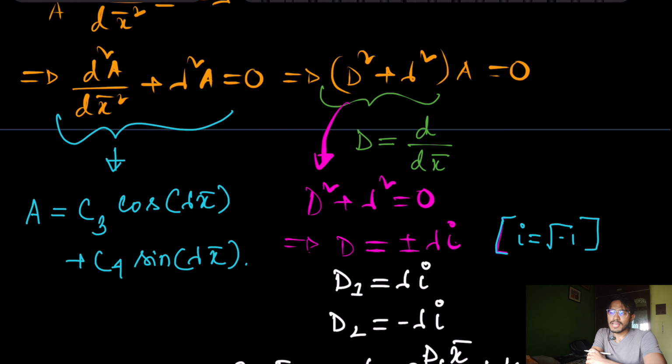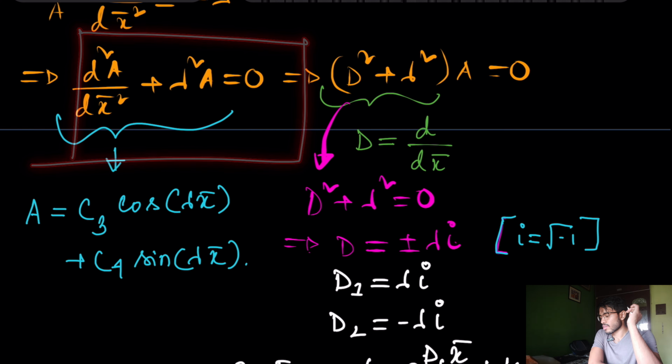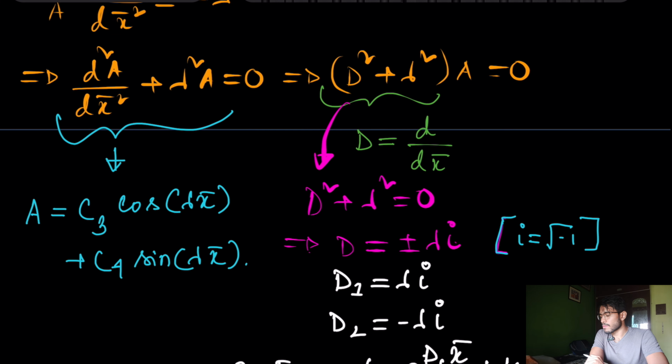But if you have studied the theory of machines or dynamics of machines course, there you must have studied the vibration part, and in mechanical engineering you must have studied this governing differential equation.